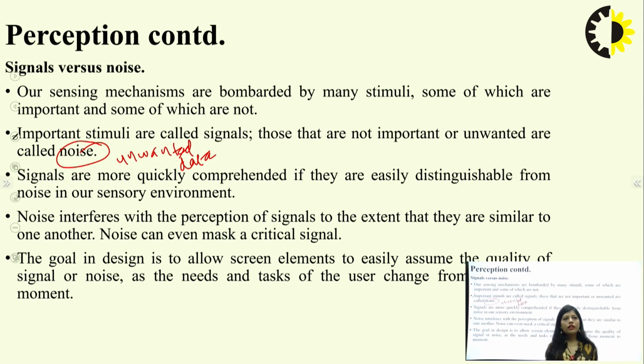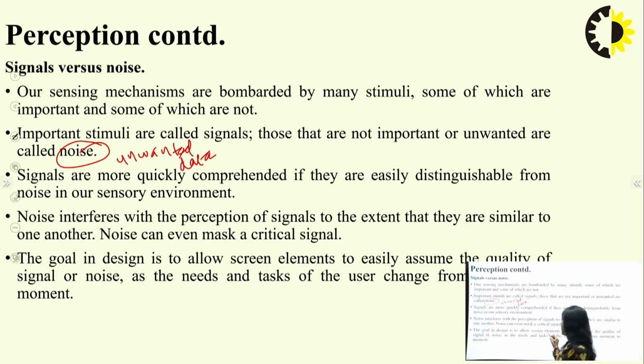Noise interferes with the perception of signals to the extent that they are similar to one another. Noise can even mask a critical signal. So, for example, if a human perceives something through signals, noise interference can stop the human from perceiving the environment. The goal in design is to allow screen elements to easily assume the quality of signal or noise.